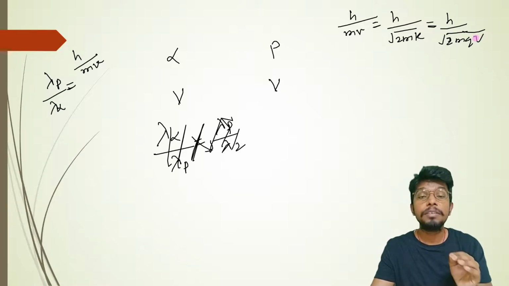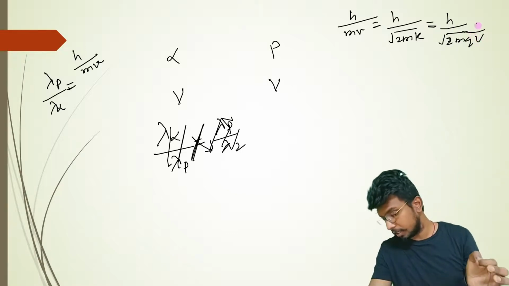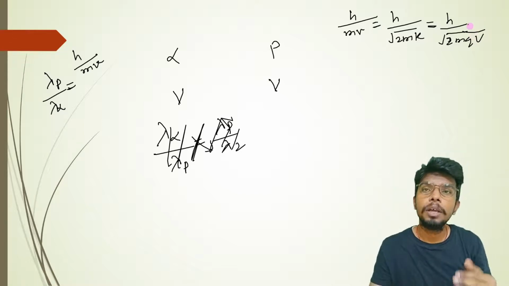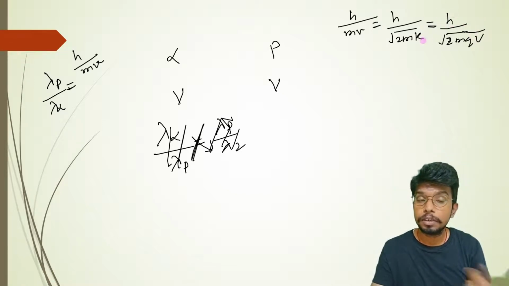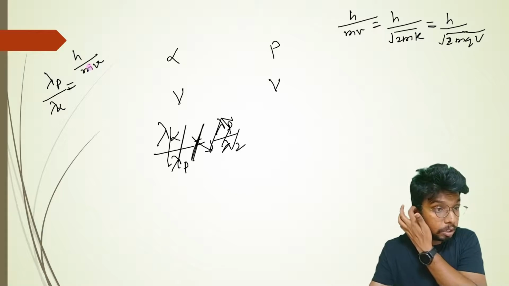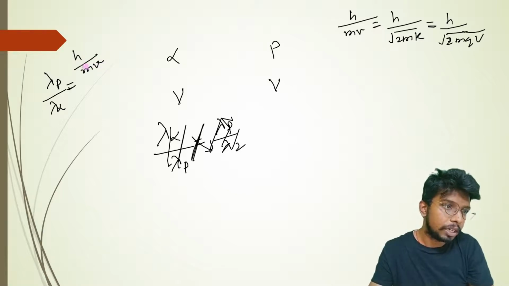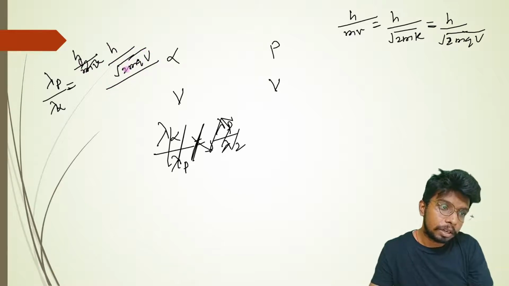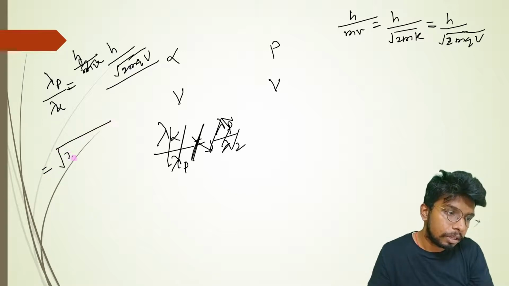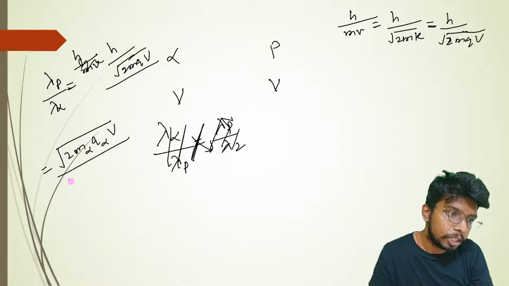Sometimes they will be given the same kinetic energy, sometimes the same momentum, and you will have to convert this result accordingly. So I'll directly use h over under root 2 mqV divided by the same h over under root 2 mqV. So I can say it is under root 2 m alpha q alpha V, which is same, over under root 2 m proton q proton V, which is same.